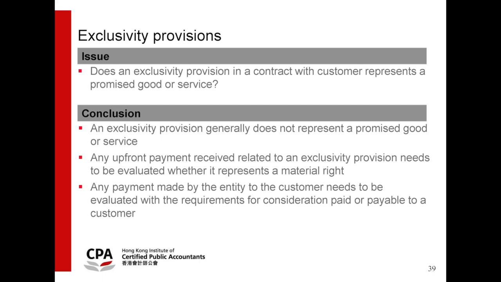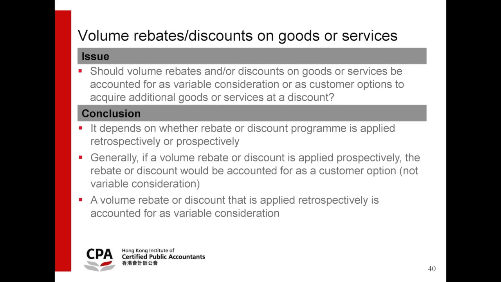So the exclusivity is just an attribute of the promise to the customer, not a separate good or service. So if the customer actually pays the company an upfront fee relating to the exclusivity provision, then the company will have to consider whether that represents a material right to future goods or services. And any payment that the company makes to the customer would need to be valued under the consideration paid or payable to the customer guidance in HKFRS 15.